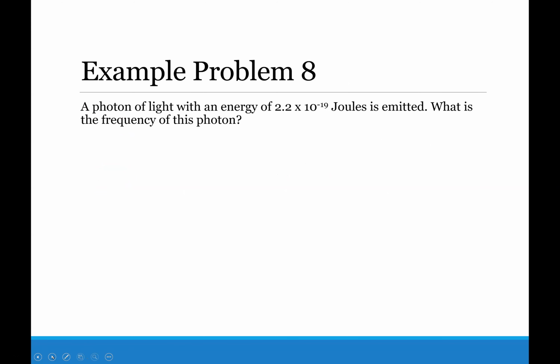So we know that there are two options for equations that we can use. We can use E equals h times v, or we can use c equals wavelength times v. Just writing down the variables that we have, we know that E, which is energy, equals 2.2 times 10 to the minus 19 joules.